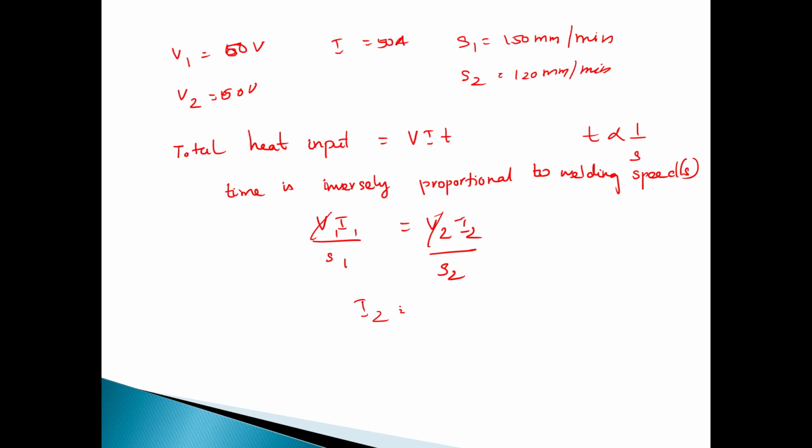So I2 equal to I1 S2 divided by S1. Now we will substitute 50 into 120 divided by 150. So we will get 40 amps. That's the answer.